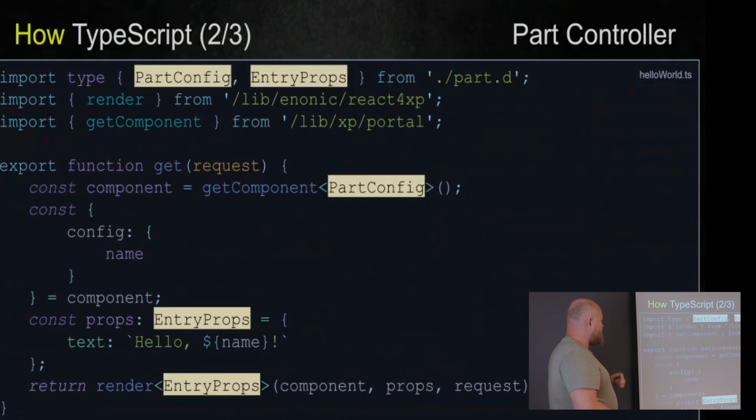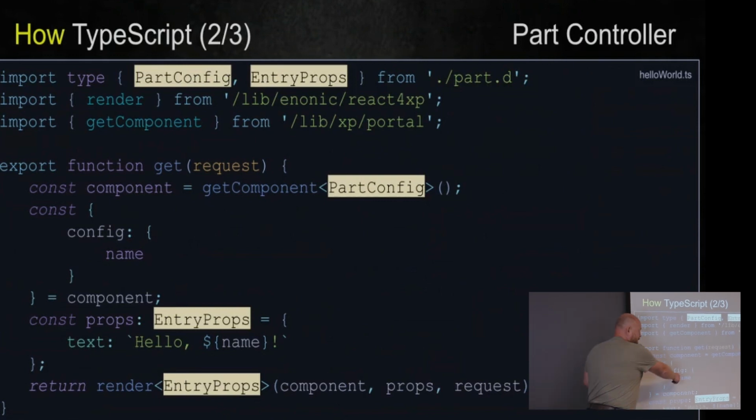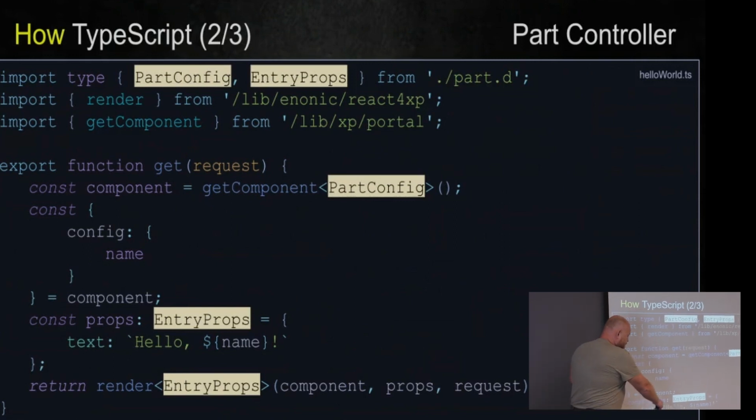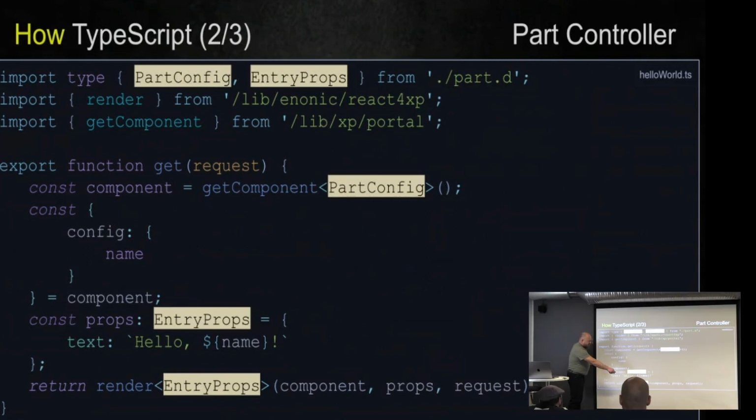What's cool about this now is if I were to hover name here, it would tell me, oh, this is a string. And again, text, oh, it's a string. And here you can write hello, name, directly from here. And if I now try to write a number here, it will say, you idiot. And it will say it while you're coding instead of in production. So that's a huge improvement. You get it right away on your screen.